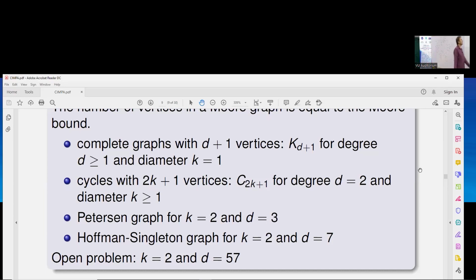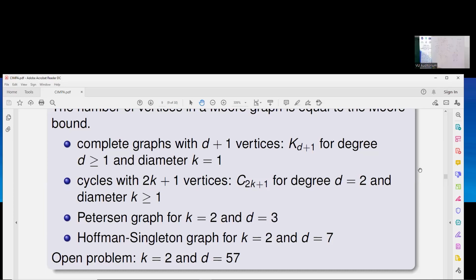The diameter is already replaced by 2, and the degree you just replace by 7. If you do, you will find out that this graph has 50 vertices. So this is another Moore graph.